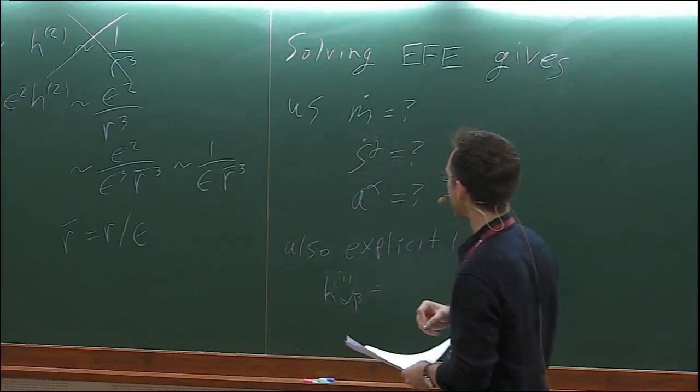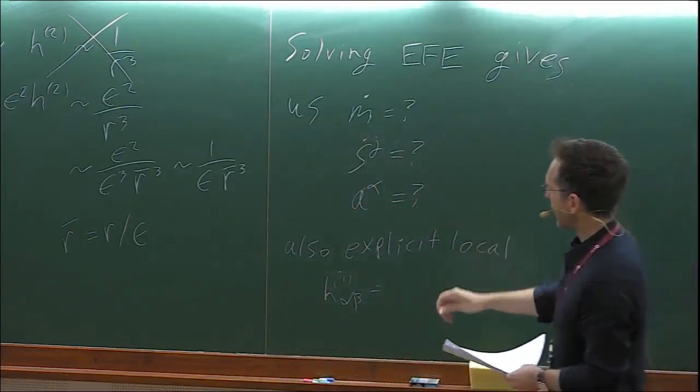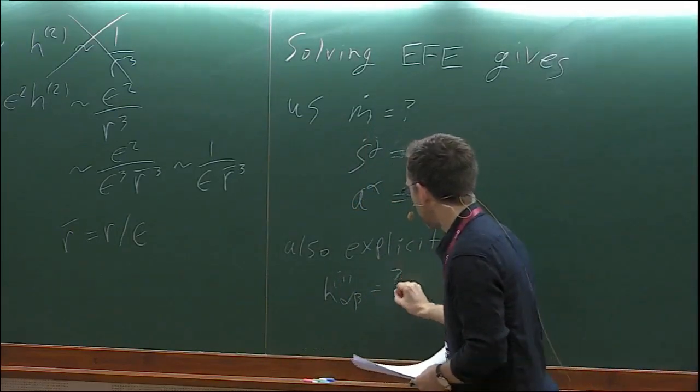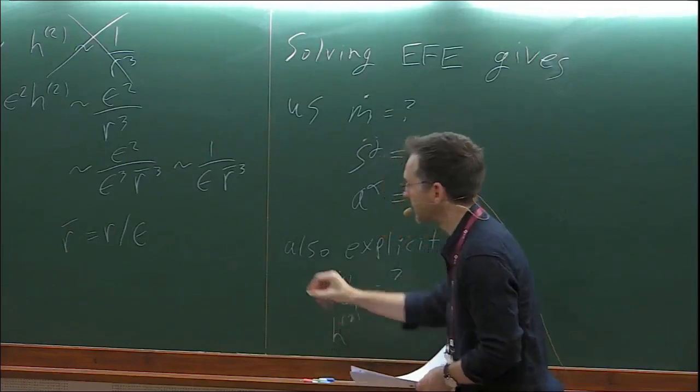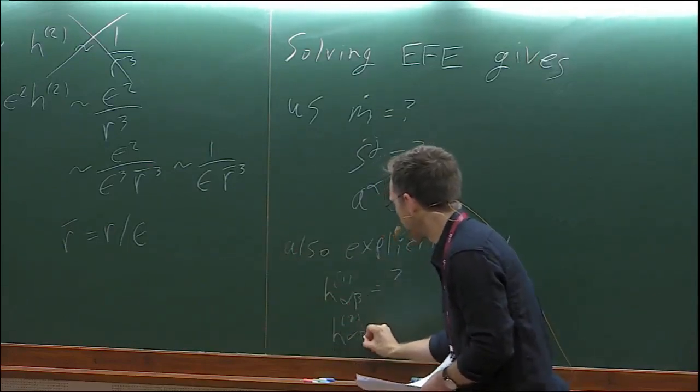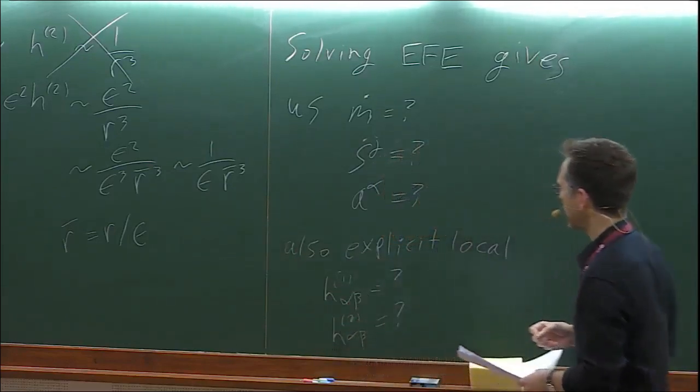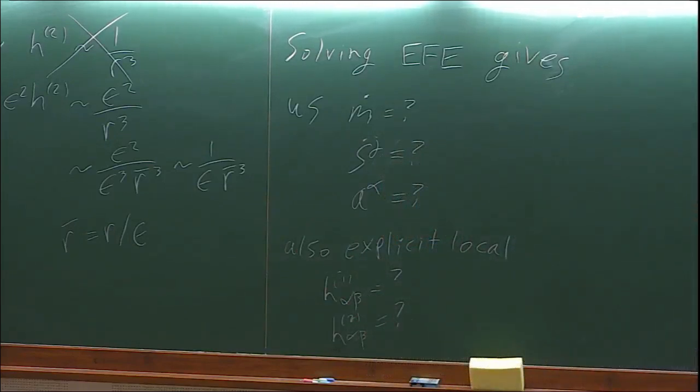So we're going to get the explicit local forms of H1 and H2, not just the schematic forms we have over there. And that's going to be key for the methods we're going to use to solve the Einstein equations globally in the whole space-time.